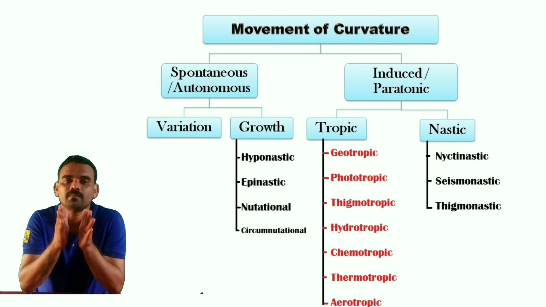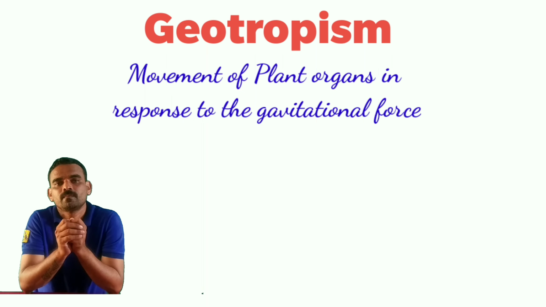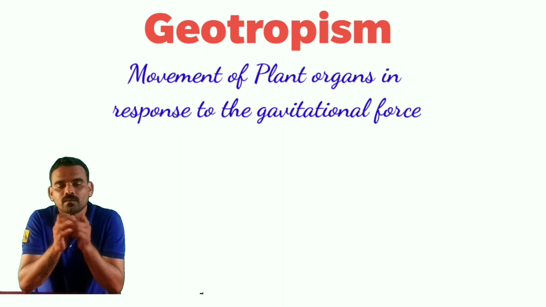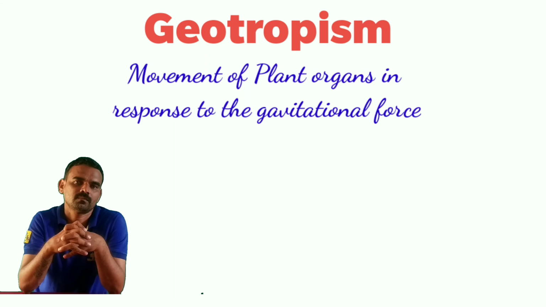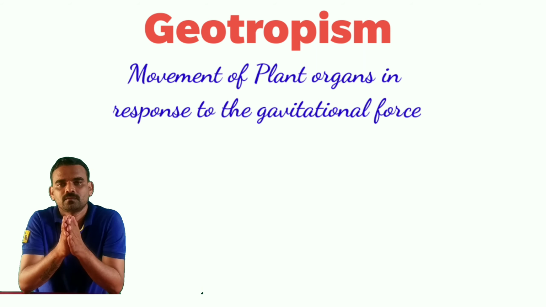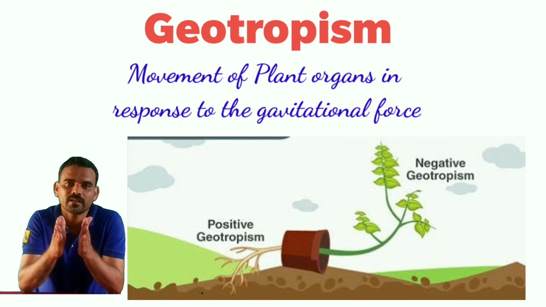The tropic movements may be geotropic. That means the movement or growth is taking place according to the gravitational force. We know that any plant has a positively geotropic organ, that is known as root.